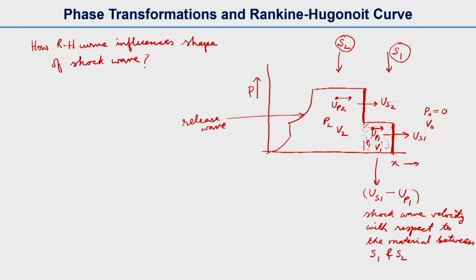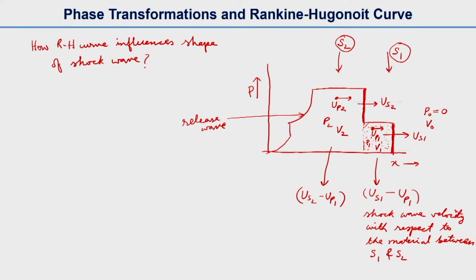And similarly, the velocity of the second shock wave with respect to this material will be us2 minus up1. So these are the relative velocities.